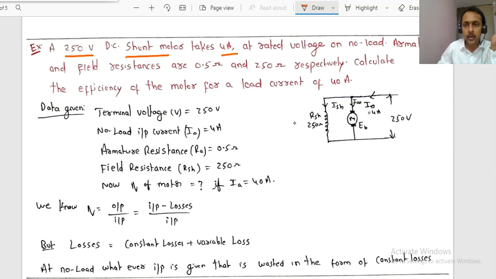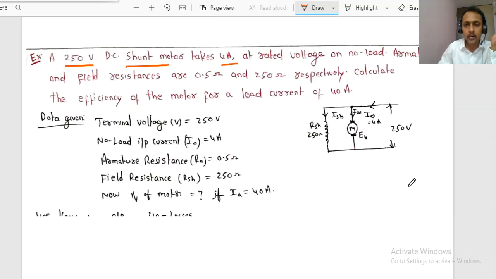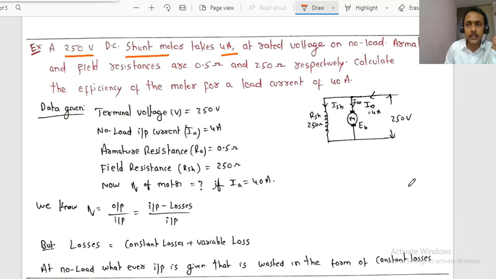The armature and field resistances are 0.5 ohm and 250 ohm respectively. Calculate the efficiency of the motor for a load current of 40 amps. If it is drawing 40 amps, what will be the efficiency of the machine? That is what is being asked. But the motor is drawing 4 amps under no load, without any load itself.